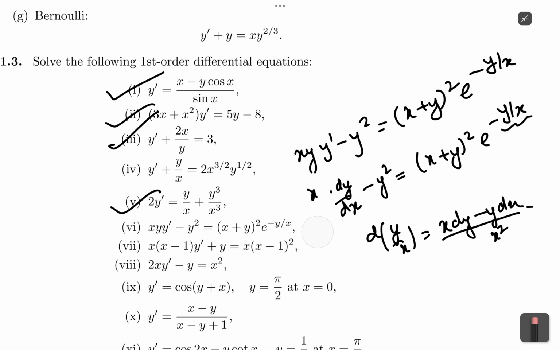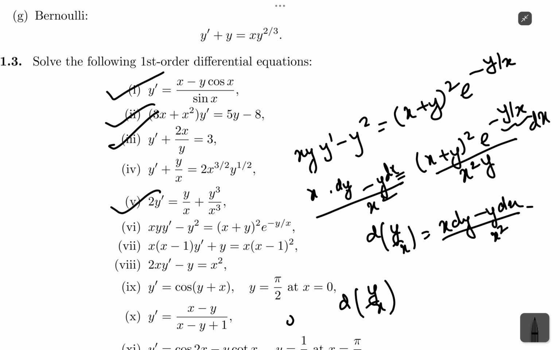So why don't you just divide by y, right? So this is x dy, so I can also multiply by dx, and then x square. So d of (y by x) e power y by x is equal to (x plus y square) by x square y dx.